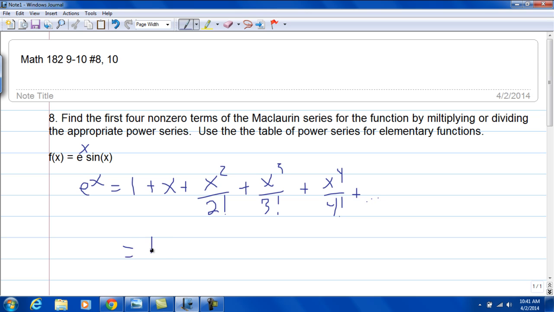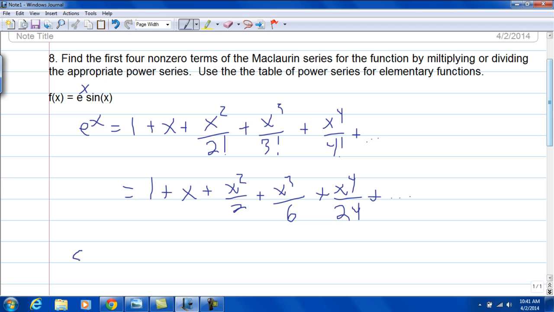Just to restate that, it's 1 plus x squared over 2 plus x cubed over 3 factorial, which is 3 times 2 times 1, so it's 6, plus x to the 4th over 4 factorial, which is 4 times 3 times 2 times 1, which is 24. Plus dot dot dot.